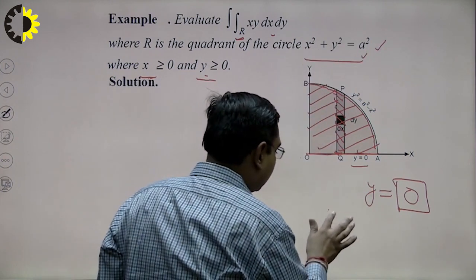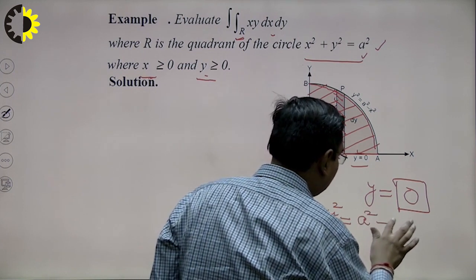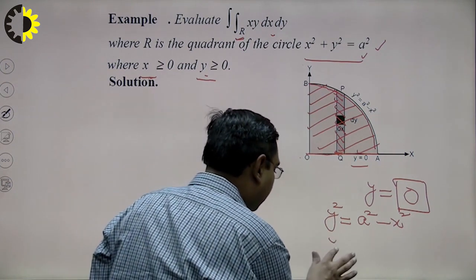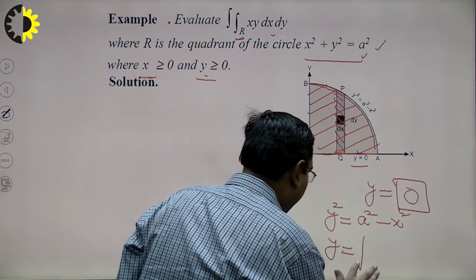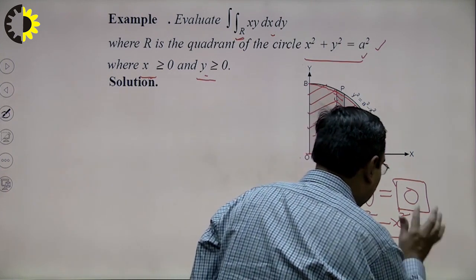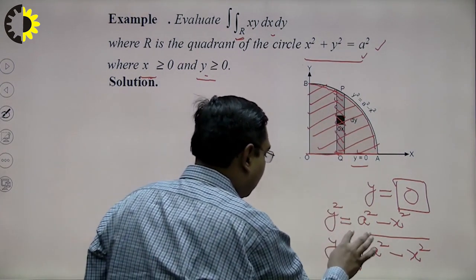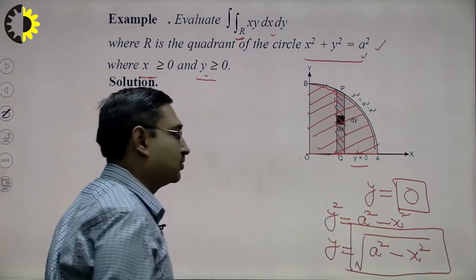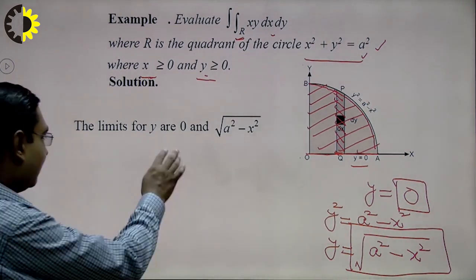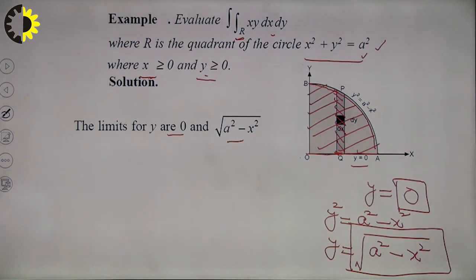From this equation, I calculate y square equals a square minus x square, and it will give y equals square root of a square minus x square. This value obtained here, root a square minus x square, will be upper limit of y. Thus, limits of y are from 0 to root of a square minus x square.